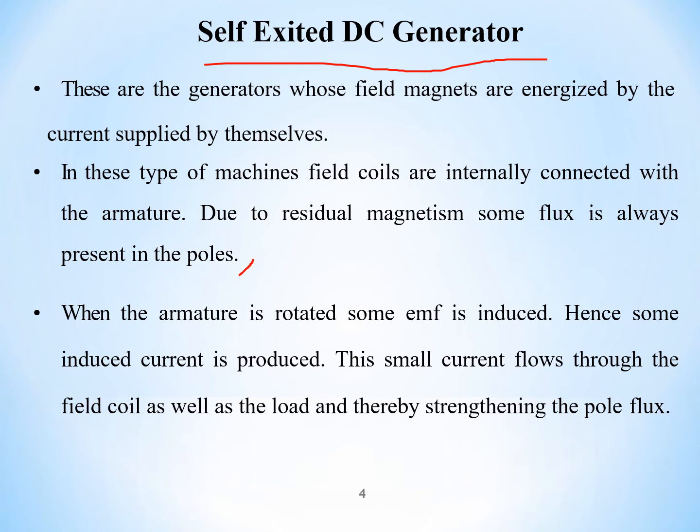When the armature is rotated, some EMF is induced, hence some induced current is produced. This small current flows through the field coils as well as the load, and thereby strengthening the pole flux.